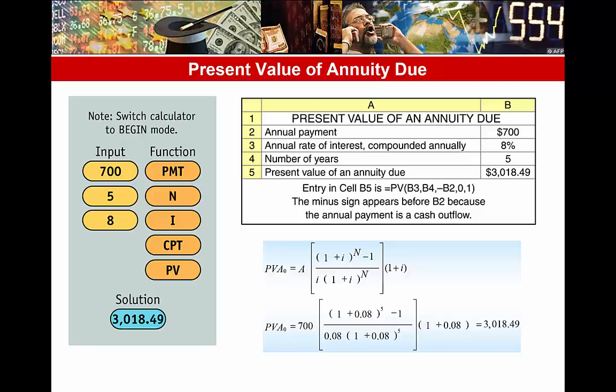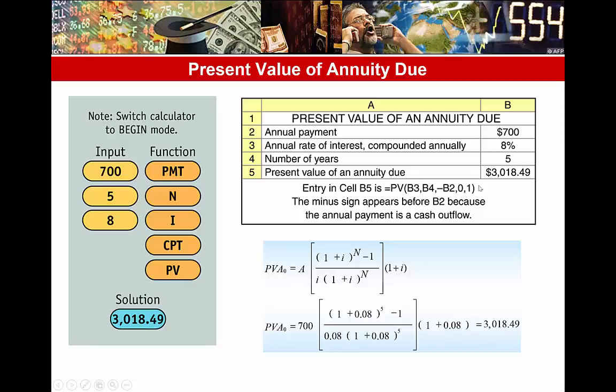So in this case, once we switch the cash flow mode to begin, we pretty much enter the same arguments. Payment as 700, number of years 5, interest rate 8%, and when we press the present value, we get $3,800.49. As in the previous case, an annuity due is larger than ordinary annuity, and as the result shows in here, it is confirmed.